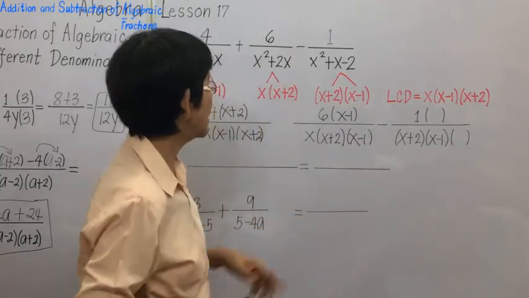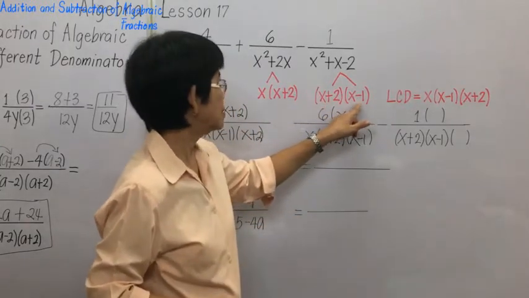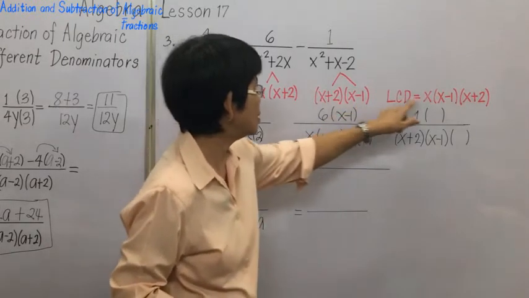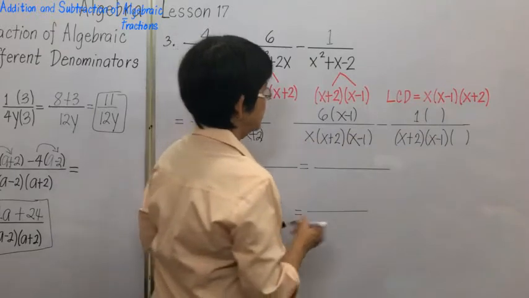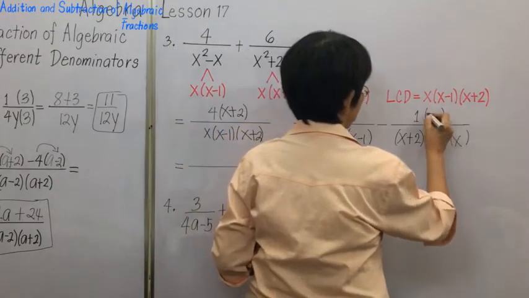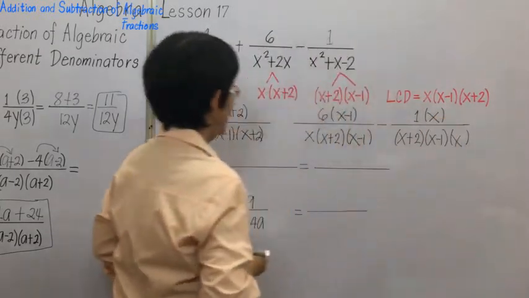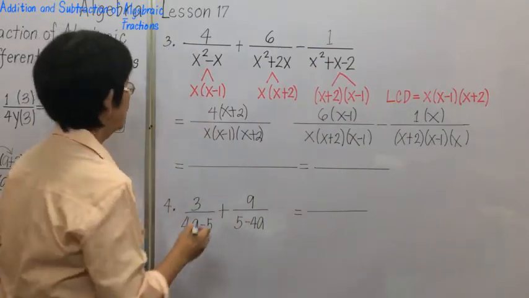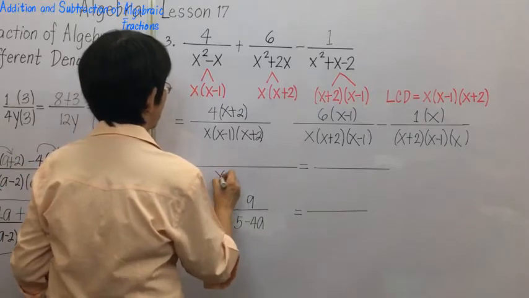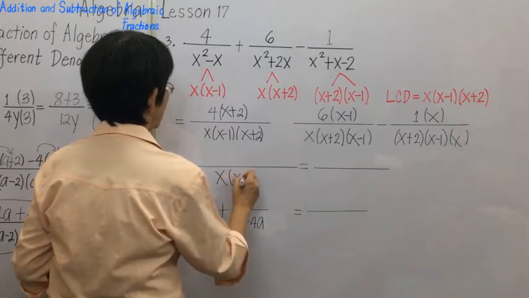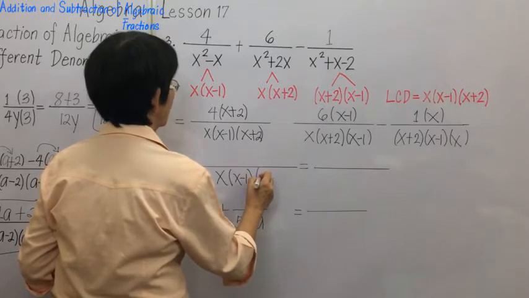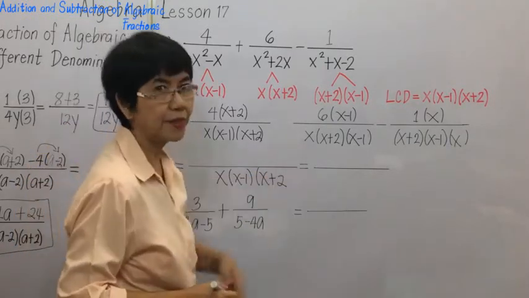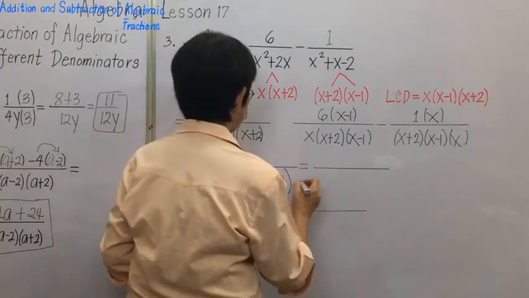And for the last, we have x plus 2 times x minus 1 as the factors, and the missing factor here is x. And then we will write the LCD in the next step, and we will simply copy in the next step.